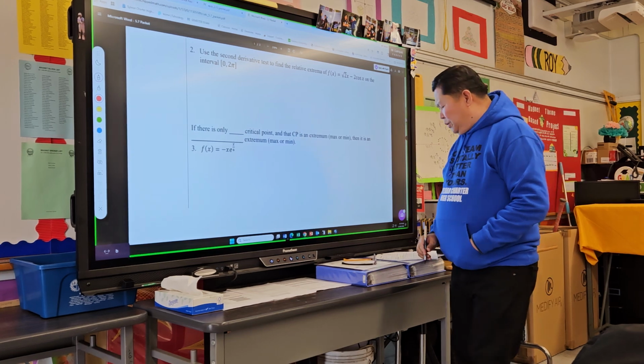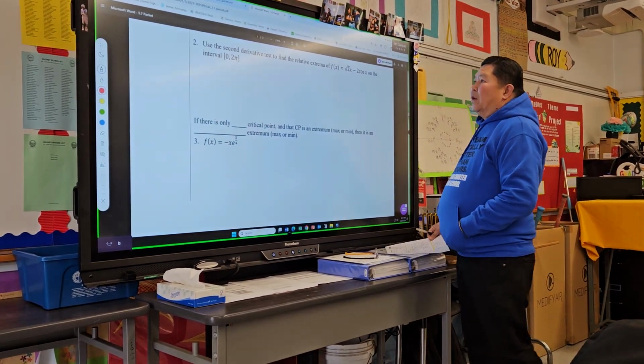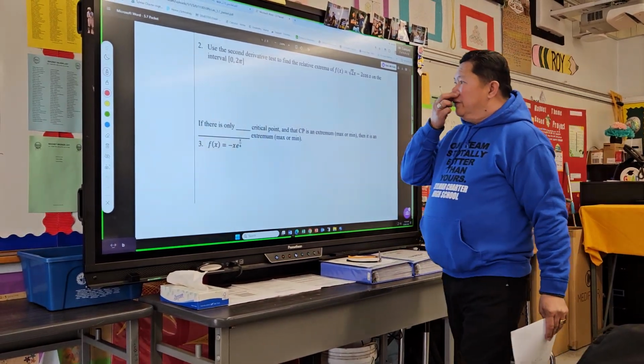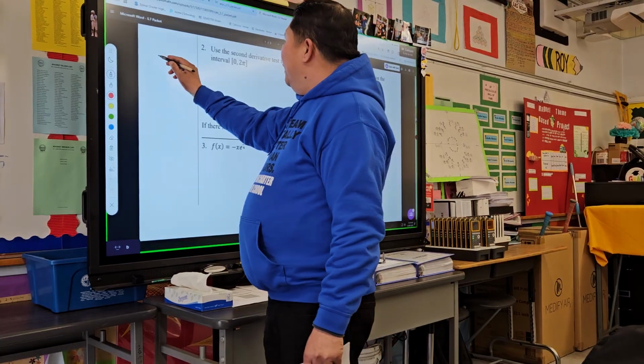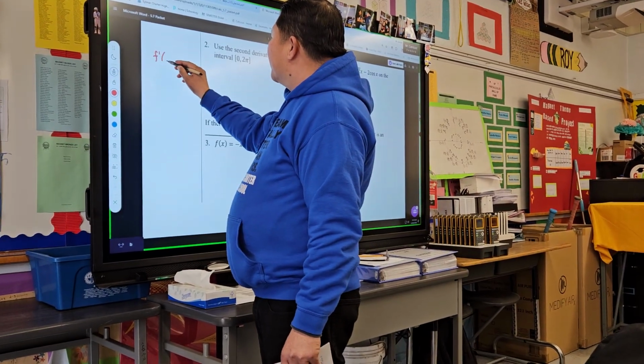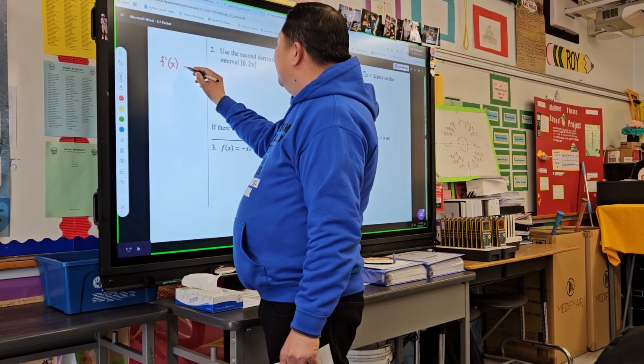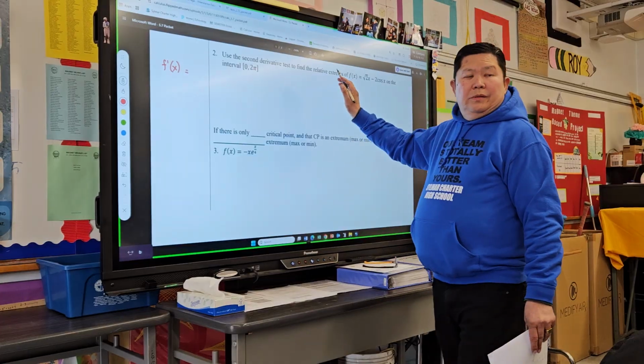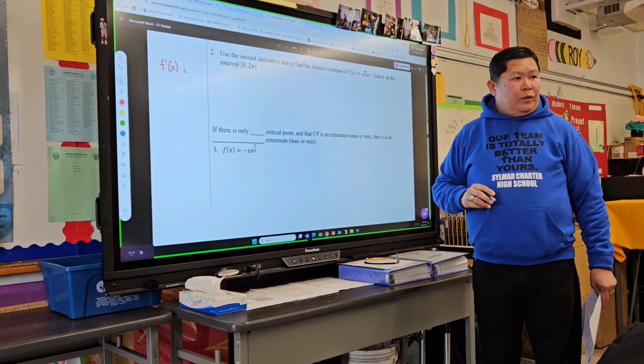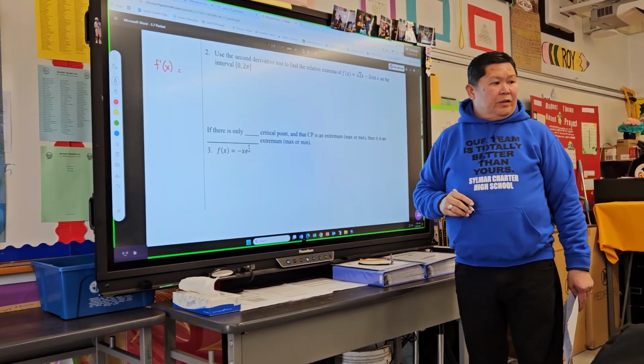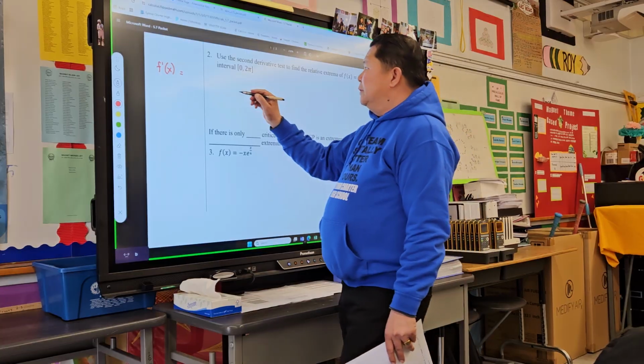Okay, so we know that the first derivative would be f prime of x is equal to the derivative of square root of 2x, which is square root of 2. Okay.